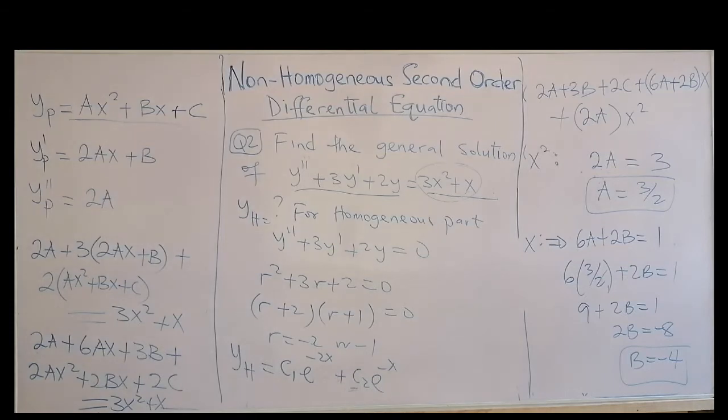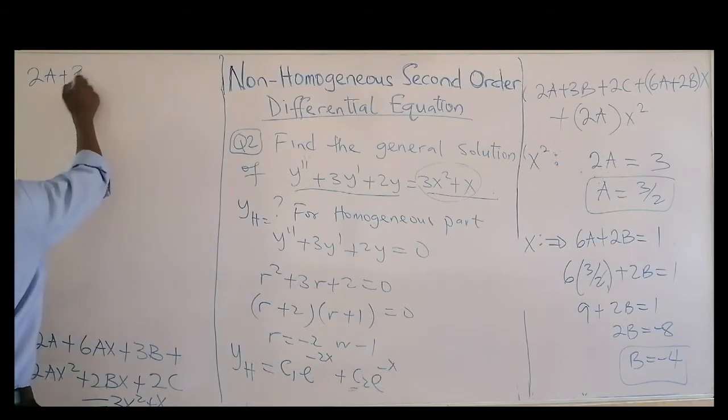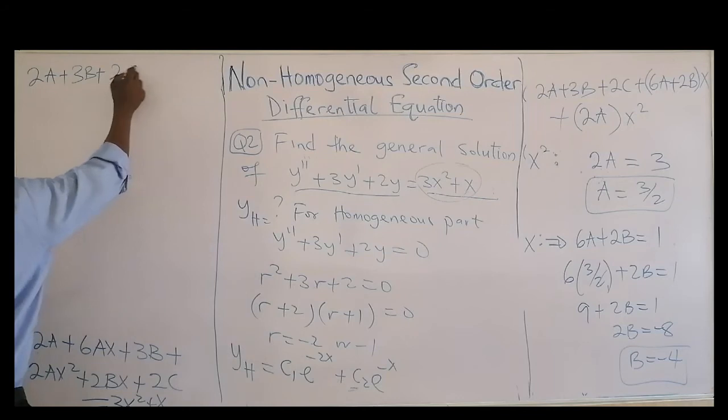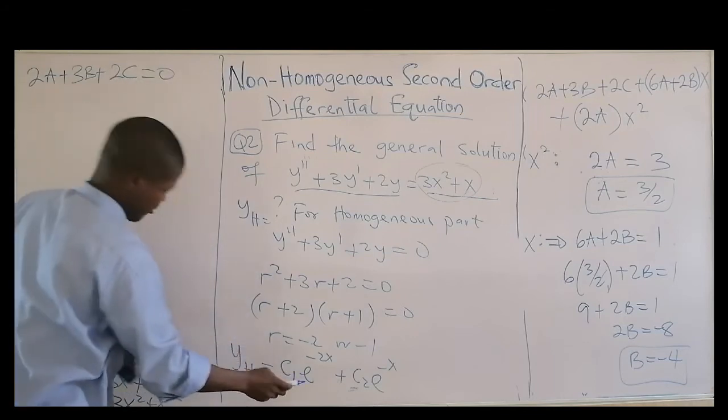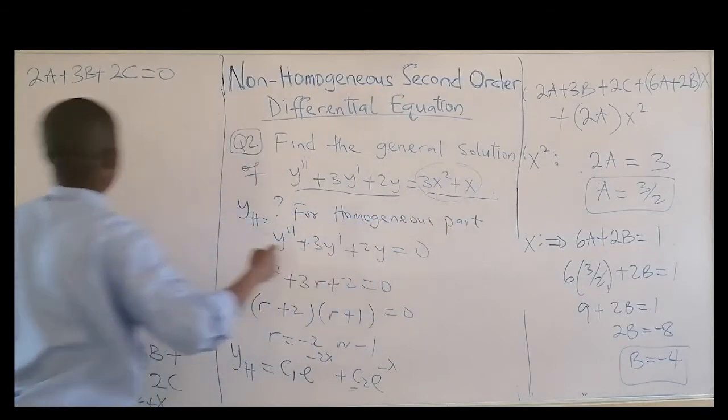Then what can I get again? We've gotten a, we've gotten b, so we need c. That will take me to equating the constant terms: 2a plus 3b plus 2c equal to 0. There are no constant terms on the right-hand side, so it's equal to 0.